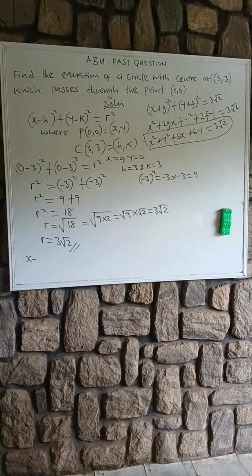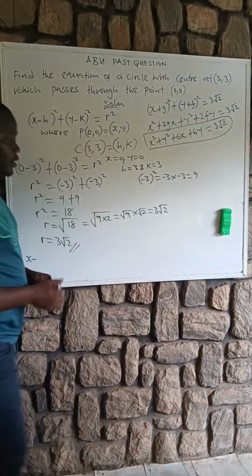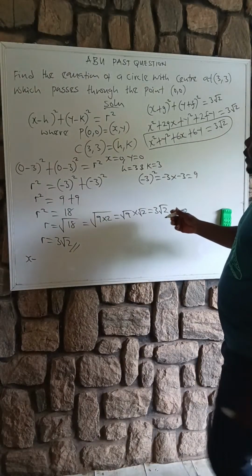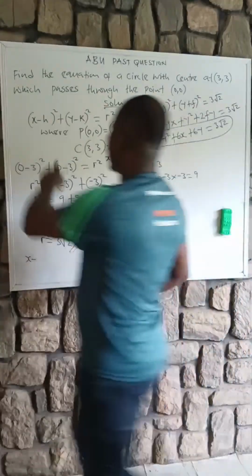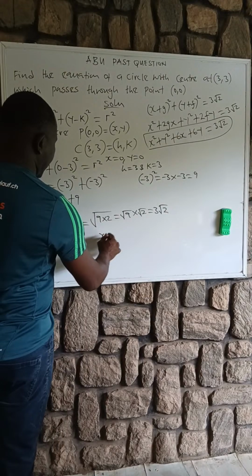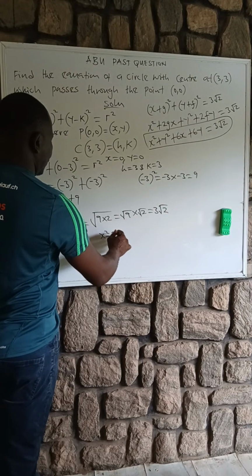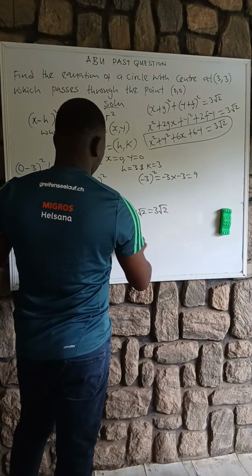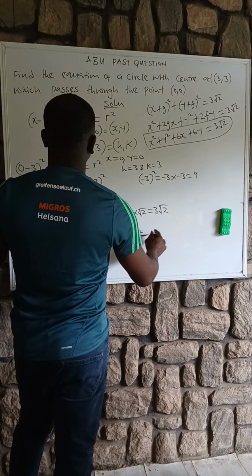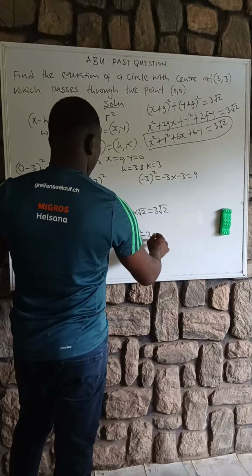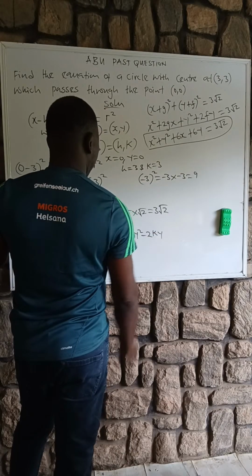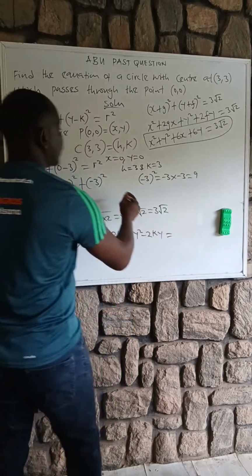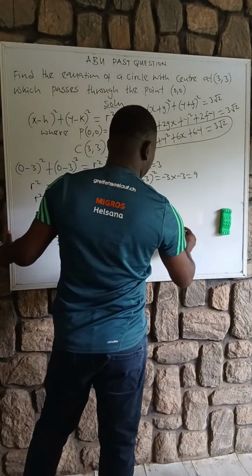Yeah, one may ask, why not use this? Let's try it. So it means this will give us x squared minus 2hx plus y squared minus 2ky, then equals r squared, alright?